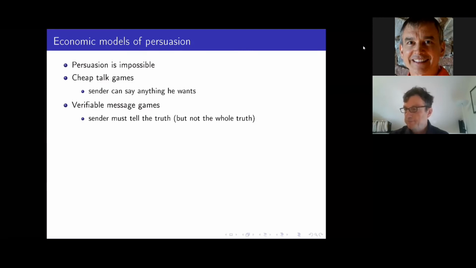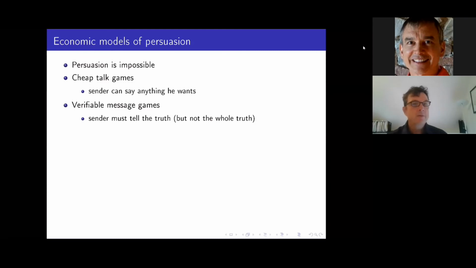Now, as I mentioned, there's a long literature on strategic forms of communication, and those in one way or the other may seem to suggest at first glance that persuasion is impossible. Okay. Why do I say that?